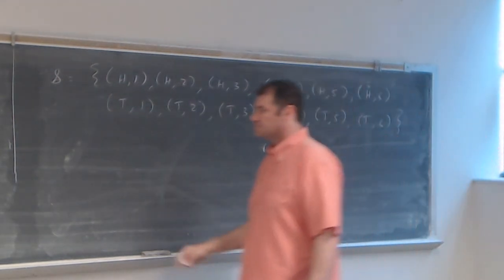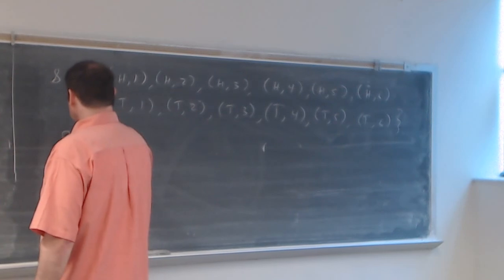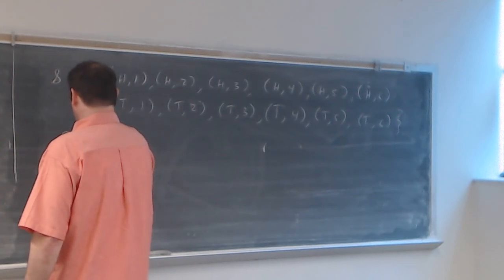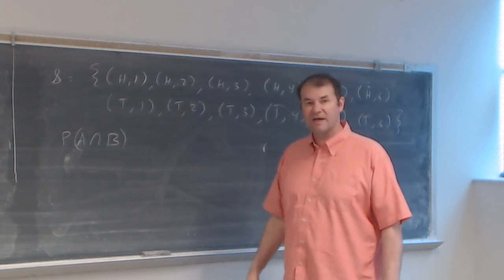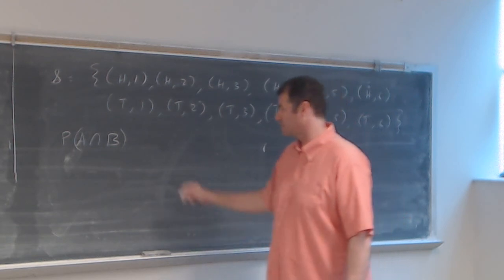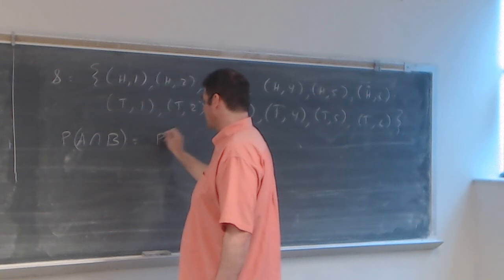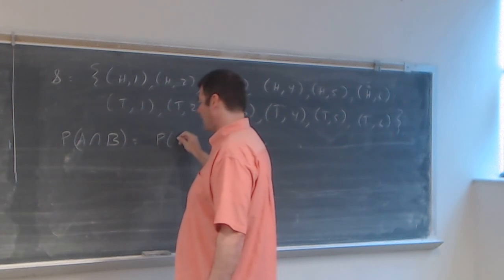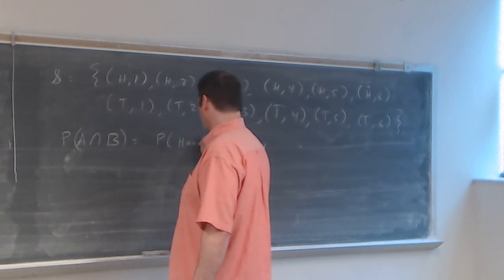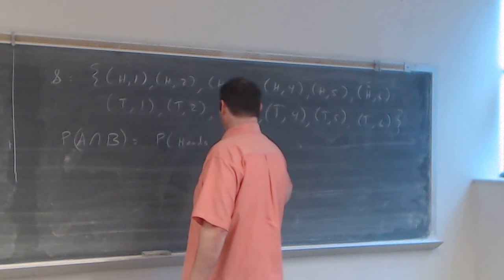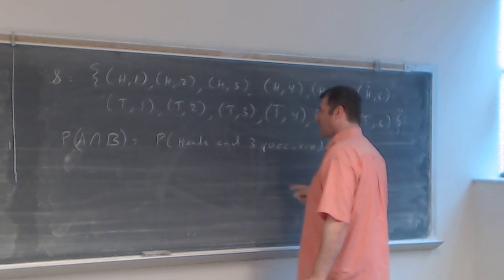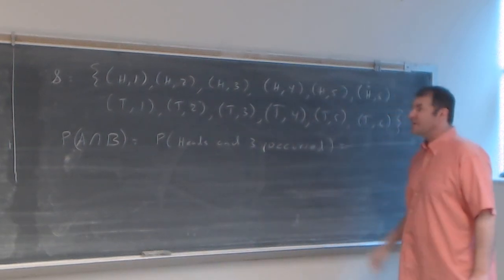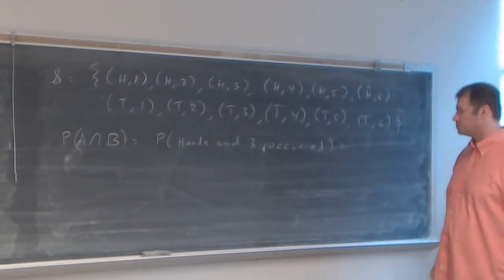Okay, so to determine if these two events are independent or not, we need to find the probability of A, the probability of B, and the probability of the intersection. The probability of the intersection is the probability that the heads and a 3 occur. In our sample space, everything is equally likely.